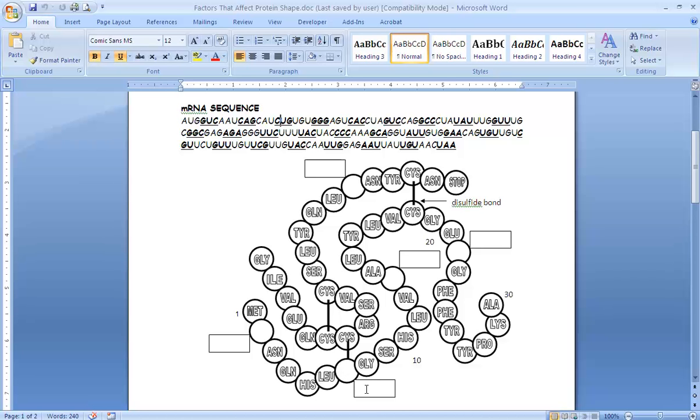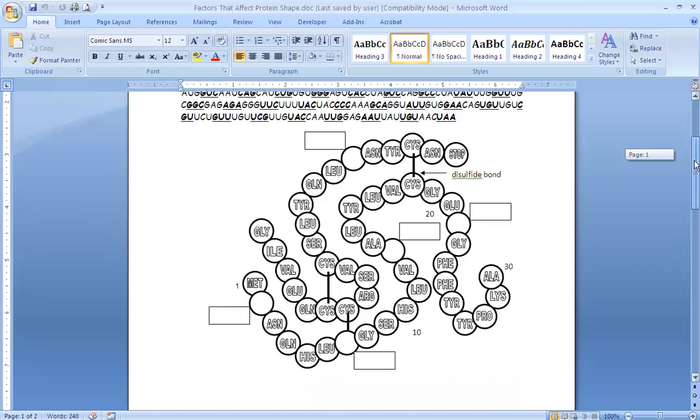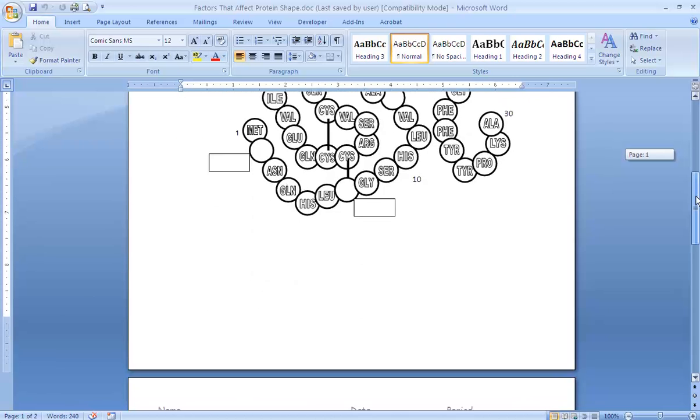Look that codon up on the codon wheel, record the abbreviation here. Continue moving one codon at a time, one triplet at a time, count them off, find the appropriate codon for this amino acid, and then record the abbreviation for the amino acid. Once you have recorded all 5 amino acids, you have a completed polypeptide chain.